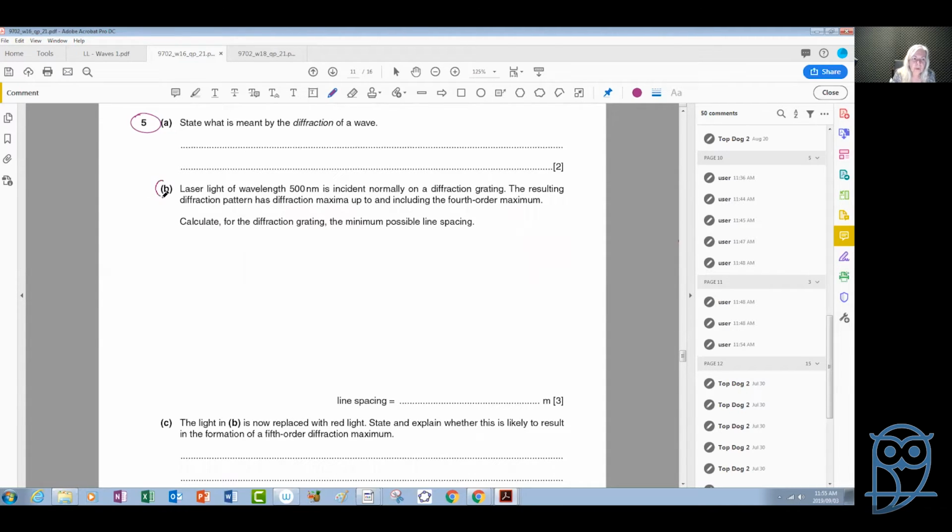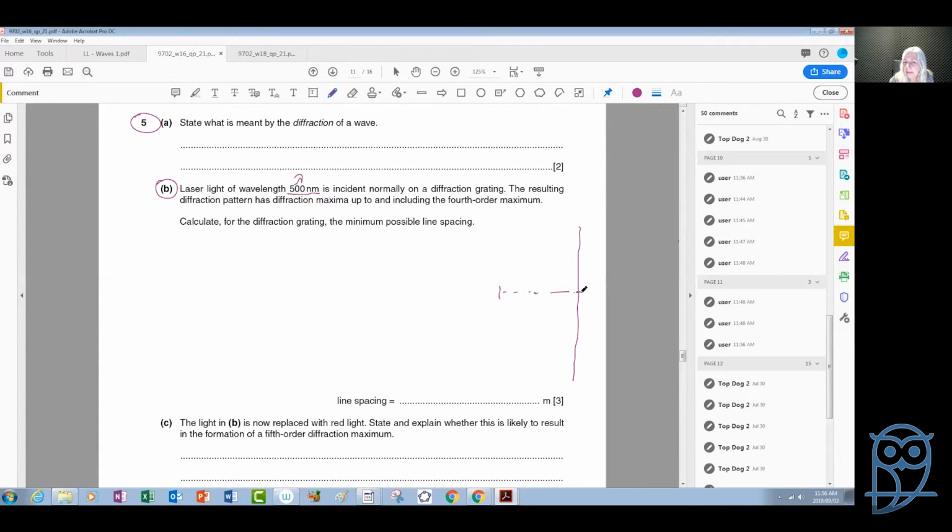Now let's go to B, because we don't have enough time. Laser light of wavelength 500 nanometers is incident normally on a diffraction grating. The resulting diffraction pattern has diffraction maxima up to and including the fourth order maximum. So we have a diffraction grating here, and the light goes through, and here we have the screen, and we see up to and including 4 maxima.